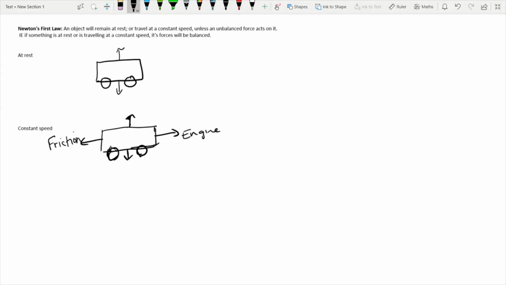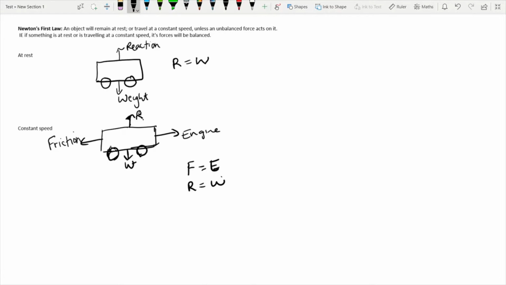So at rest, we have what we call the weight and the reaction force, i.e. the force upwards from the ground to stop it falling through the ground, and they're equal to each other. So let's just say R equals W. And again, if constant speed, then F, the frictional force, equals the engine force, and also R equals W again.